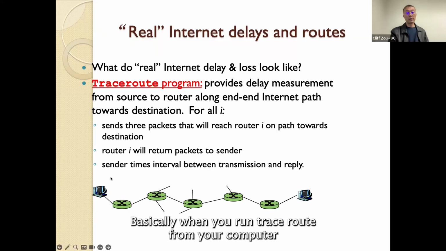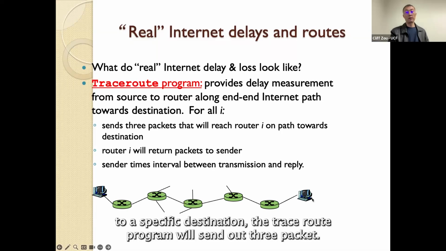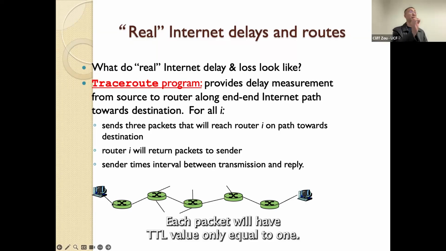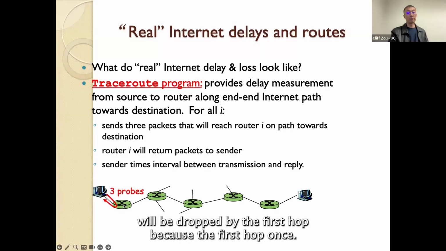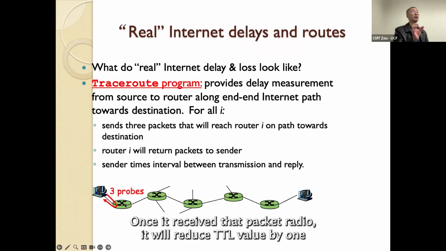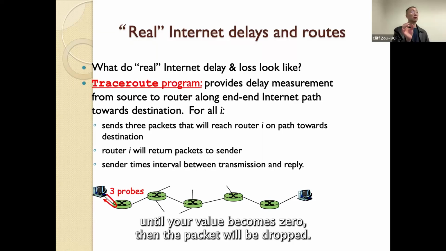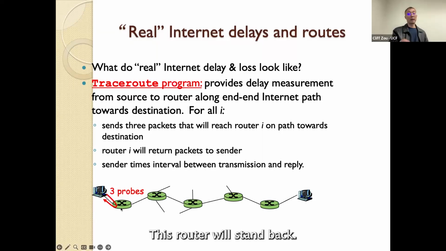When you run traceroute from your computer to a specific destination, the traceroute program will send out 3 packets. Each packet will have a TTL value equal to 1. These 3 packets will be dropped by the first hop, because once it receives a packet, it reduces the TTL value by 1. When the TTL value becomes 0, the packet is dropped.